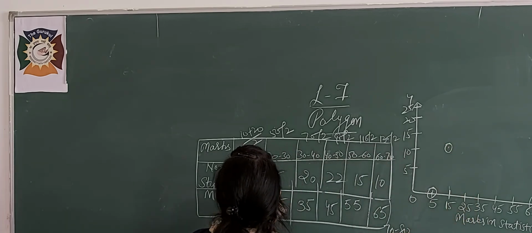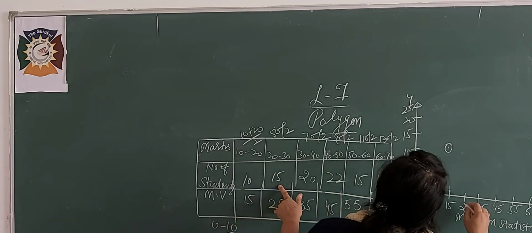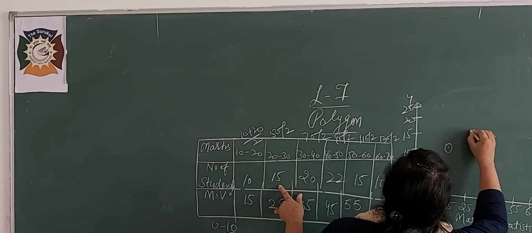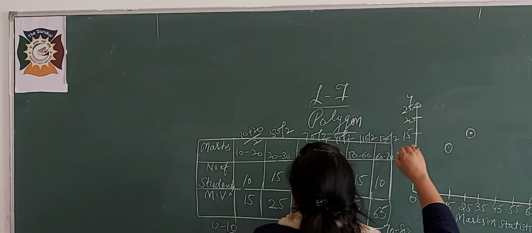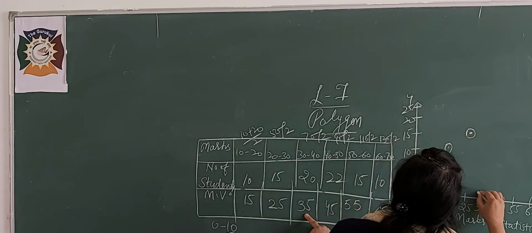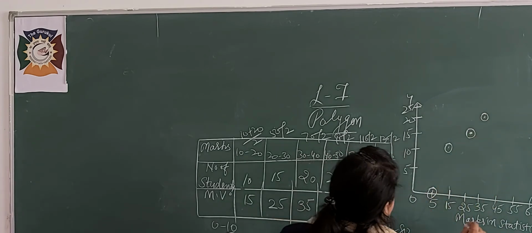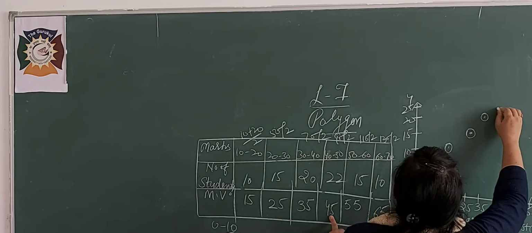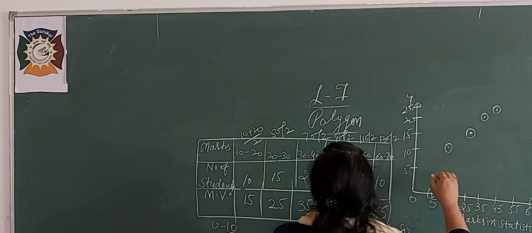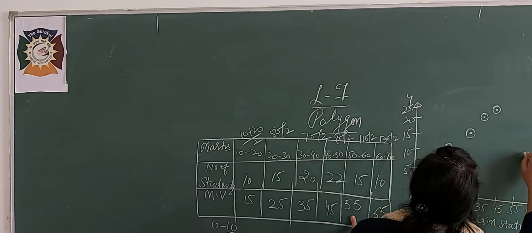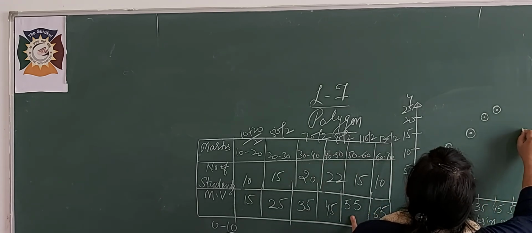Mid value 25, number of students 15. Mid value 35, number of students 20. Mid value 45, number of students 22. Mid value 55, number of students 15.